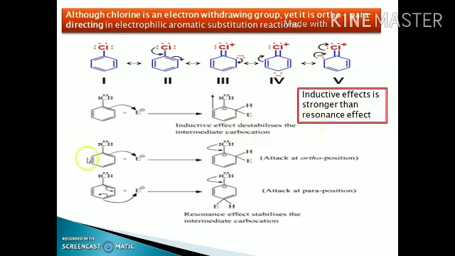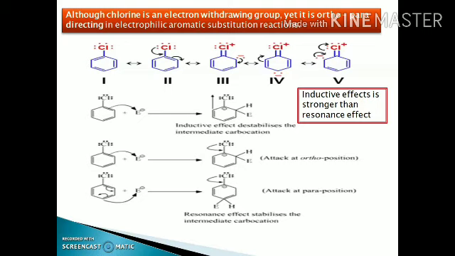On the other hand, the carbocation is stabilized when the electrophile attacks at the ortho or para position, due to the plus R effect stabilizing it at the ortho and para positions by resonance.